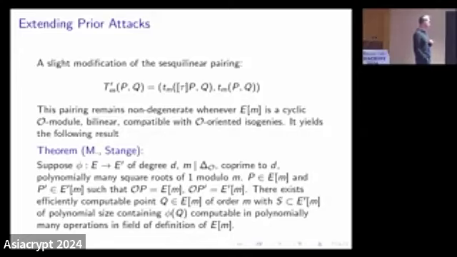So if we take some degree D isogeny between two curves E and E prime, if we also assume that M divides the discriminant of this order, and that there are polynomially many square roots of 1 modulo M, then there is some efficiently computable point Q on the M torsion that is of order M, and there's some polynomial size subset S of the M torsion on E prime, such that the image of Q under the isogeny is computable in polynomially many operations in the field of definition of the M torsion. So it sits inside this subset S.